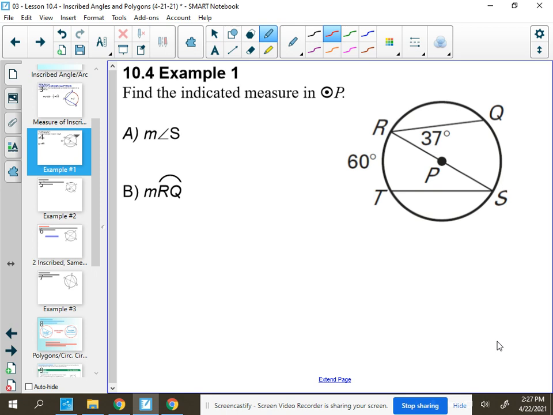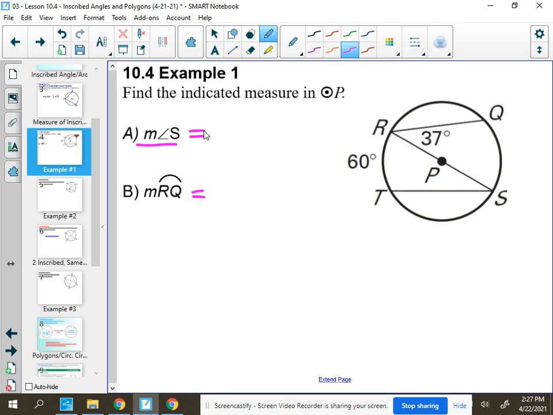Find the indicated measure in circle P. One thing that's different from the previous lesson: most of the time it was find the arc measure, find the arc measure. In this lesson we're also finding angle measures: the measure of angle S, and then the measure of arc RQ.